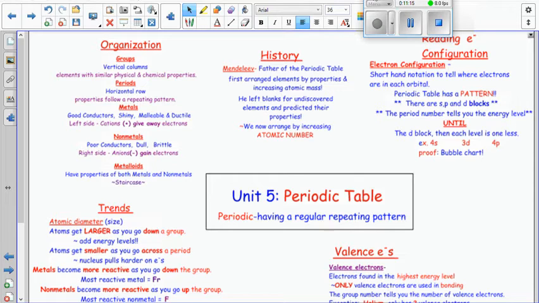Hey, Ian, if I ask you for a characteristic or two of metals, tell me one or two things that you know about metals. What are some common characteristics of metals? Good conductor and shiny. Absolutely, Ian.